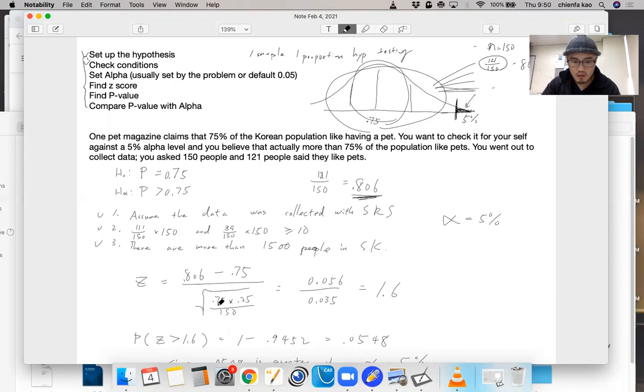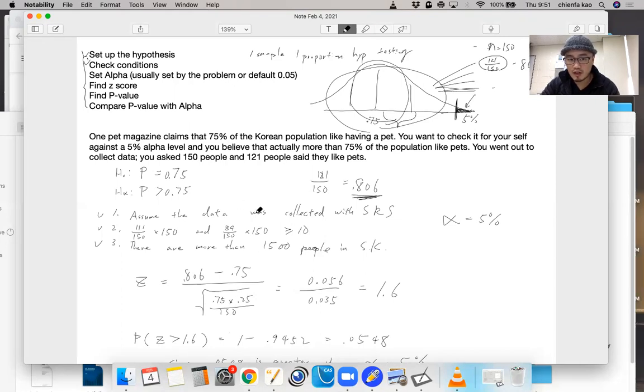Are you supposed to use 0.75 times 0.25, or 0.806 times 0.194? You need to know that it's based on your assumption. This graph is based on your assumption, so the standard deviation is based on your assumption, and your assumption is 0.75, 0.25.